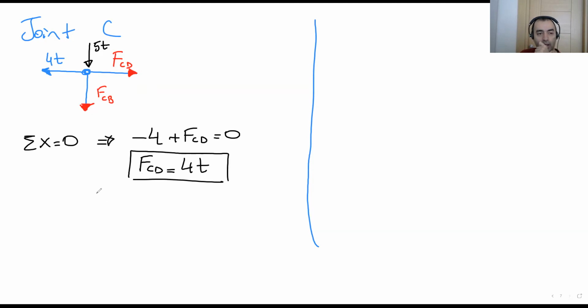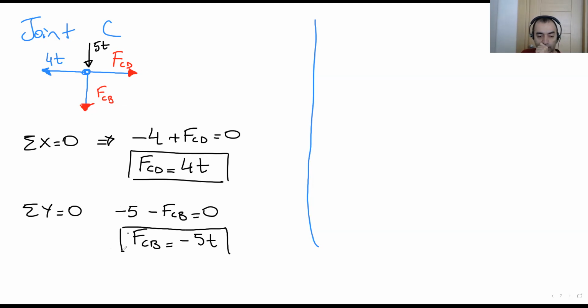Let's write the total Y equals 0 in vertical direction: minus 5 in the negative direction, minus FCB equals 0. Here, FCB is minus 5 tons. So we have all these FCD and FCB forces.